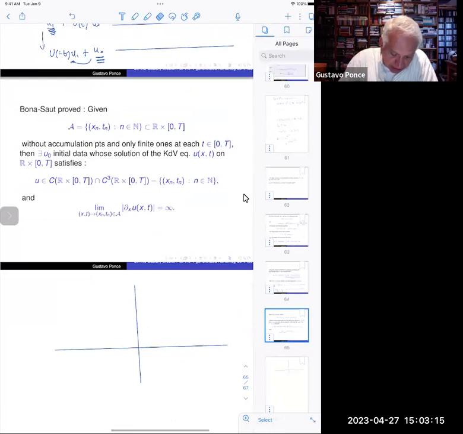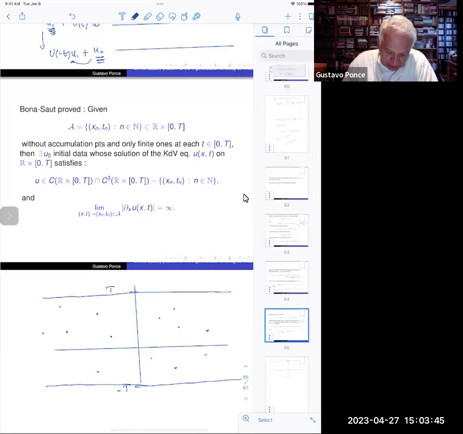You can put a collection of times that doesn't have an accumulation point, and they are not at the same time, between minus T and T. If you want to put finitely many, then you can construct a solution of the KdV that is C3 everywhere, except at these points, where it is not C1.